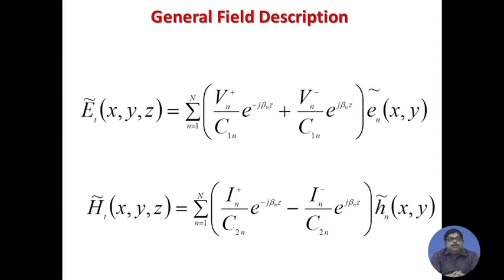So, generally the field can be described like this, that the transverse field E t can now be described in terms of those equivalent voltage and currents as V n plus by C 1 n, as you see, the sum of V n plus and V n minus. Similarly, the transverse magnetic field also can be written in terms of equivalent currents I n plus and I n minus, with C2 n.